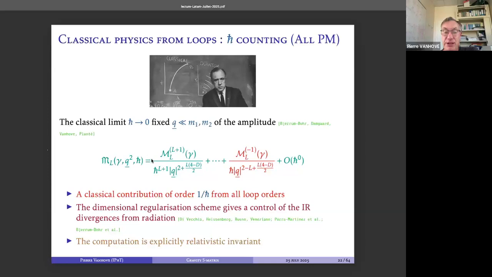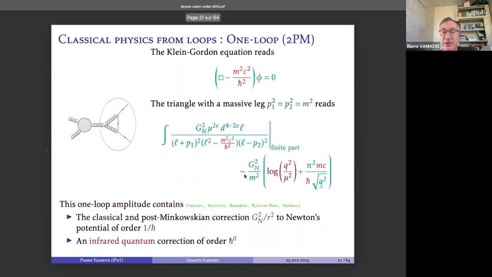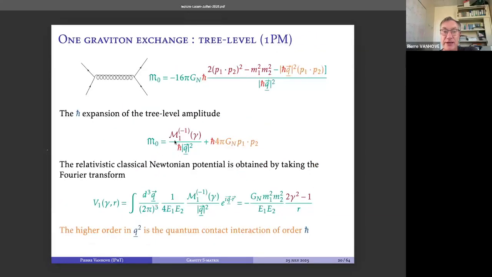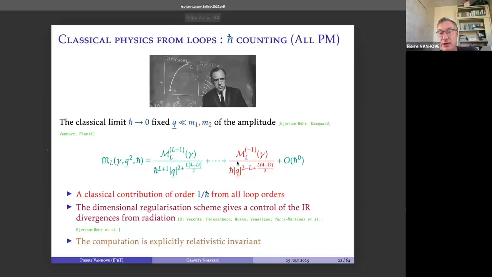But the thing that is a bit disturbing is that you can try to think about a rule saying, it has 1 over h bar, so if I just look at the term 1 over h bar, maybe I get the right result for classical gravity, which is what you want. But then you realize that your full quantum amplitude has terms that, each time you increase in loop, have more inverse power of h bar.